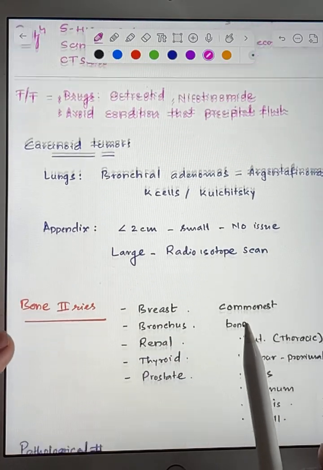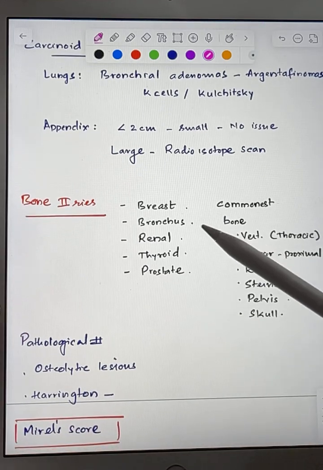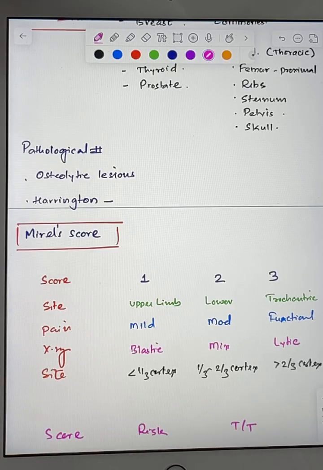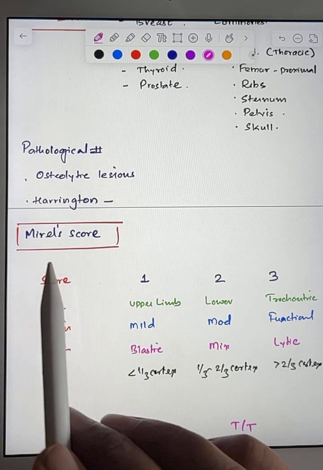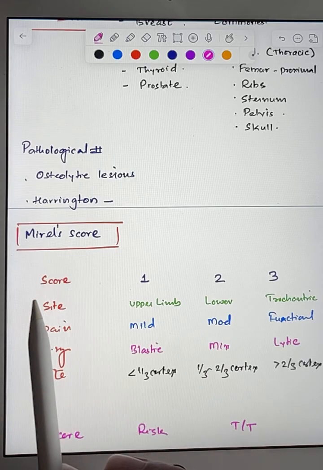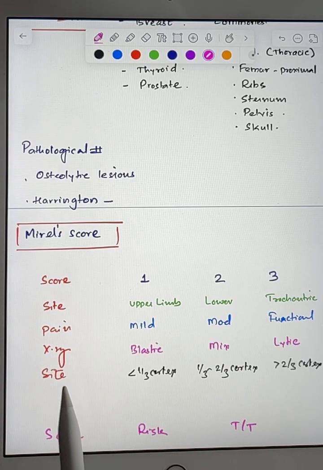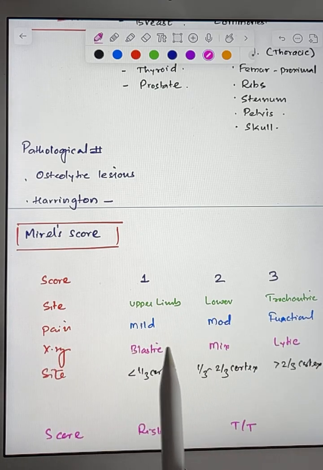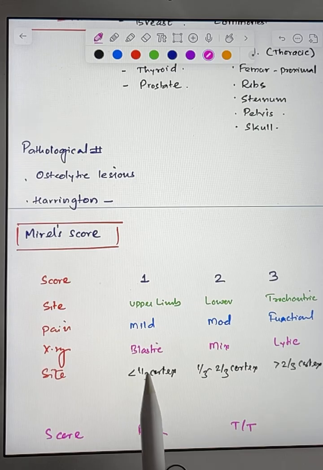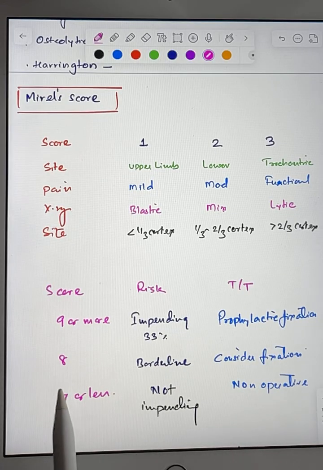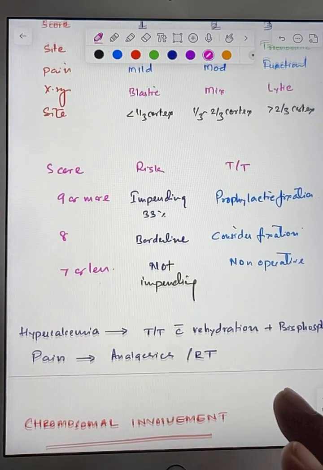Bone secondaries: breast, bronchus, renal. Mirels score for pathological fracture: site, pain, X-rays, upper limb, lower limb, trochanter; lytic, blastic, mixed; score 9 or more impending, prophylactic fixation; less, not impending, non-operative treatment.